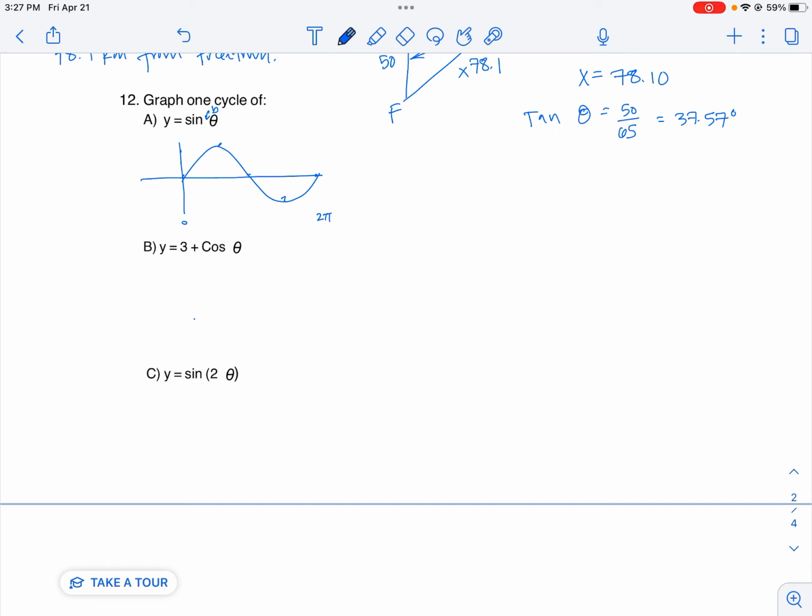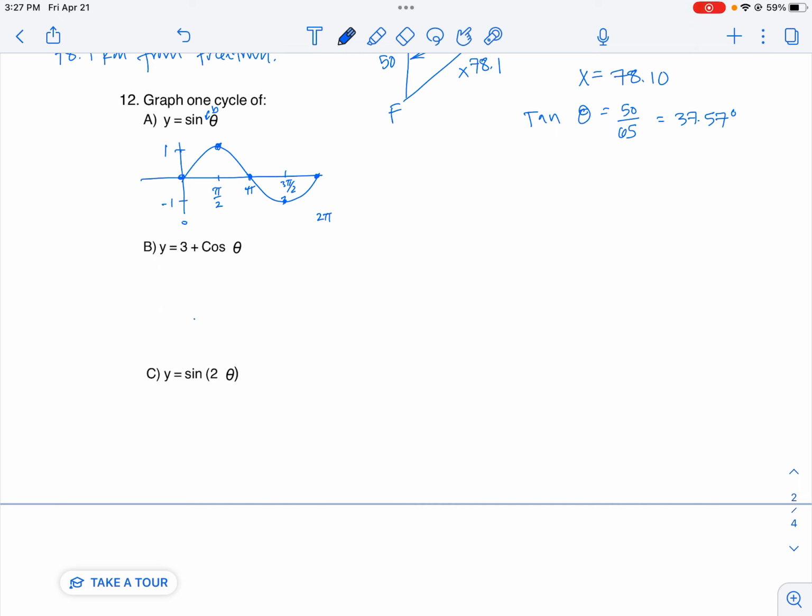So if you recall, at 0, the sine is 0. At pi over 2, the sine is 1. The y value is 1 on the unit circle. At pi, the y value is 0. At 3 pi over 2, the y value is negative 1. And at 2 pi, the y value comes back to 0. There is one cycle of y equals sine theta.